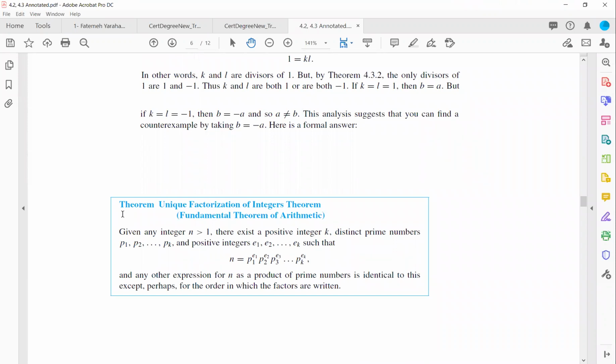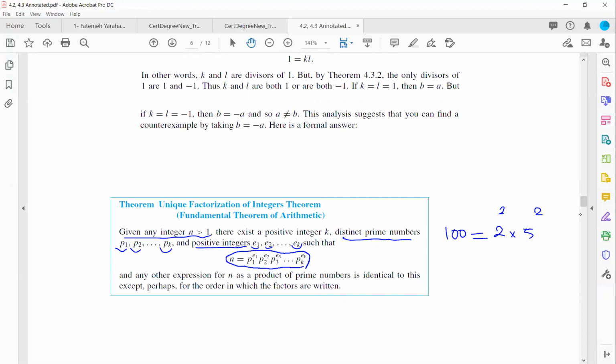Theorem, unique factorization of integers, which says that if you have any integer greater than 1, for sure you can find some distinct prime numbers, p sub 1, p sub 2, p sub 3, p sub 4, p sub k, and some positive integers like e sub 1, e sub 2, e sub 3, e sub 4, e sub k, such that n is the product of p1 raised to e1, p2 raised to e2, p3 raised to e3, and pk raised to ek, like 100, which can be written as 2 squared times 5 squared.